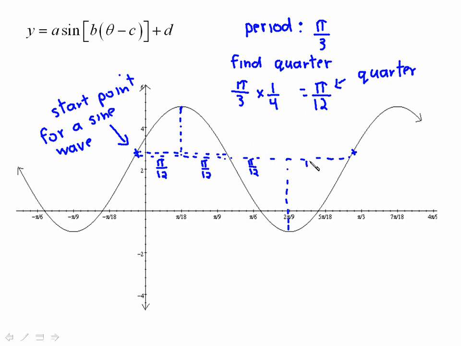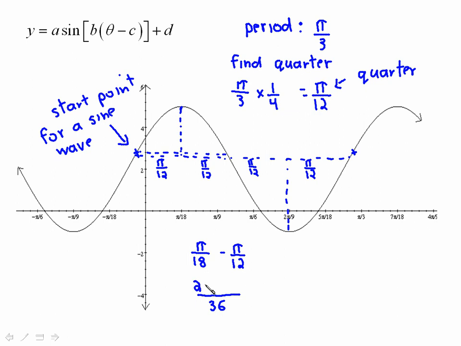So if you wanted to get a negative sine wave, you could do that too. But I'm going to get the one to the left. So all I need to do is take that pi over 18, which is the crest, and by subtracting pi over 12, it will take me to that starting point. And you get a common denominator of 36.